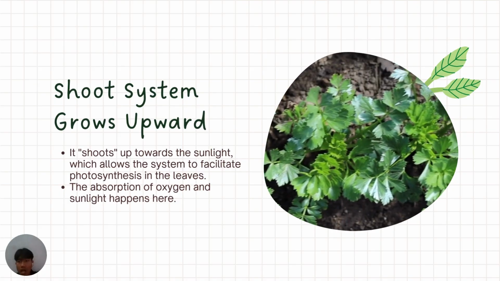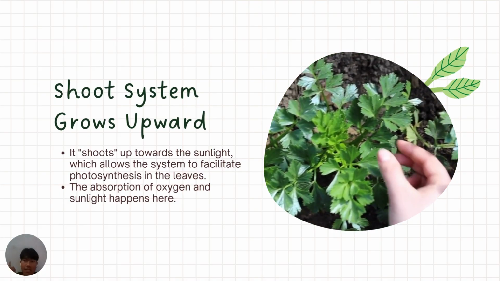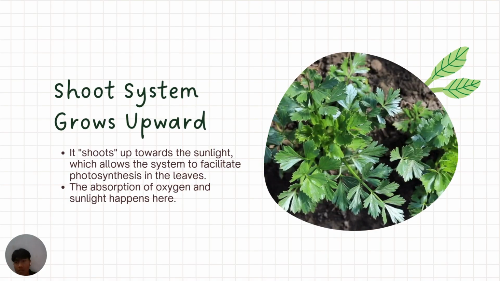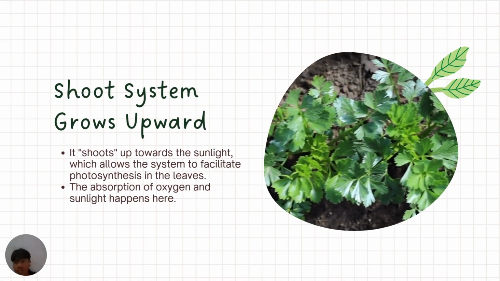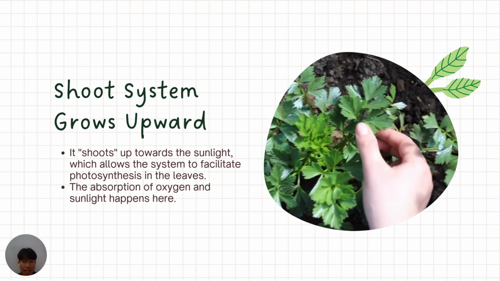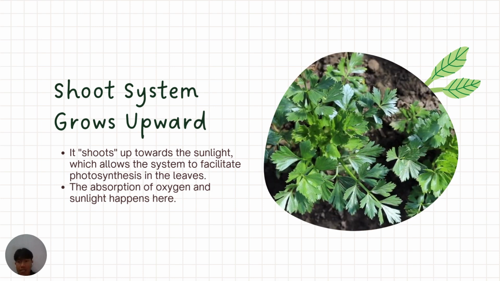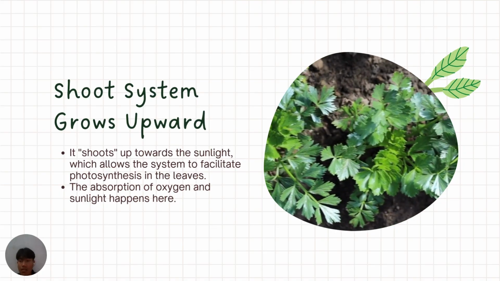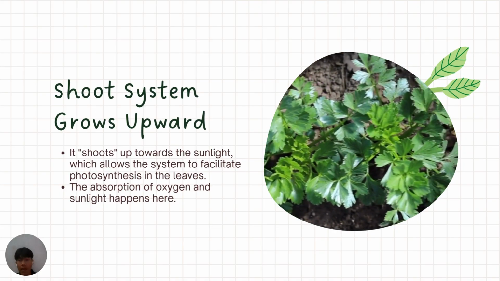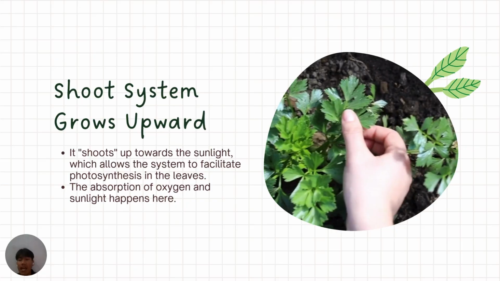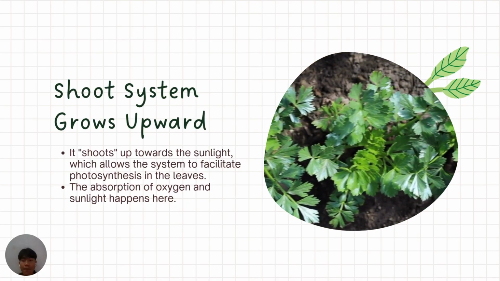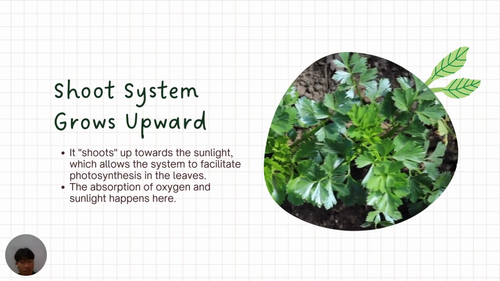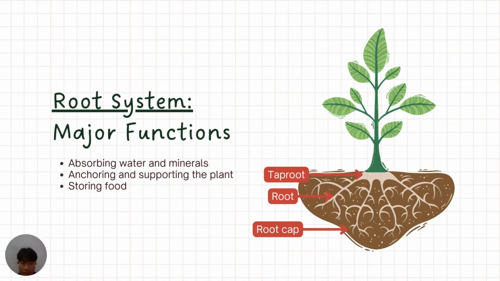It grows upward towards the sunlight. 2. It provides structure by holding the plant upright, specifically the stem. 3. It transports fluids through the whole plant. And most importantly, it allows the plant to collect sunlight and make food through photosynthesis in the leaf.